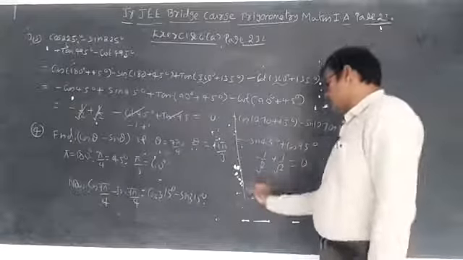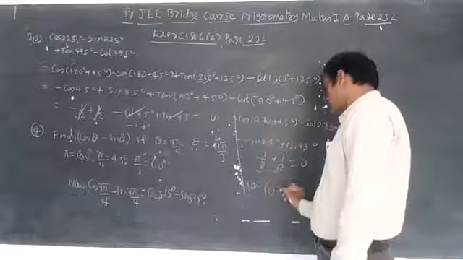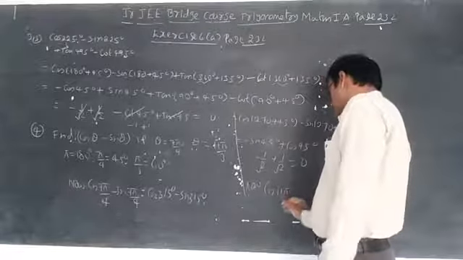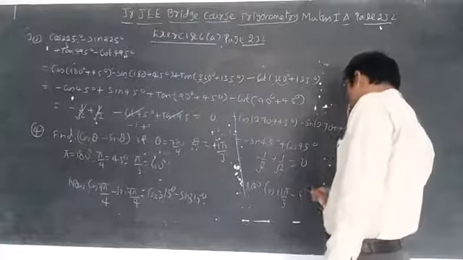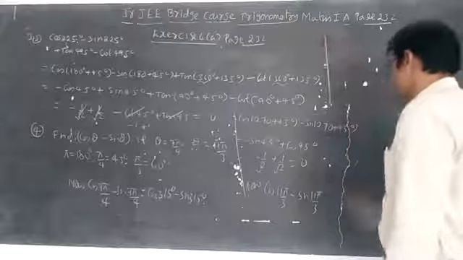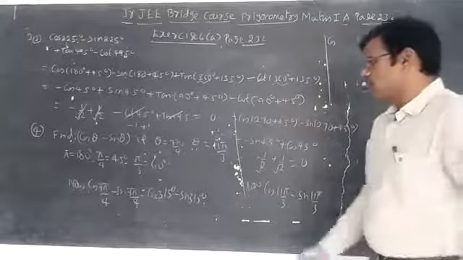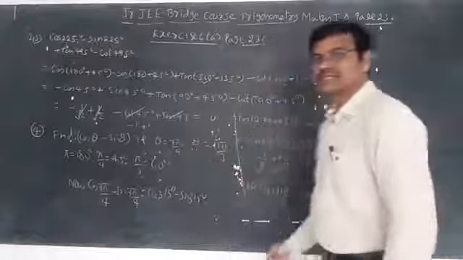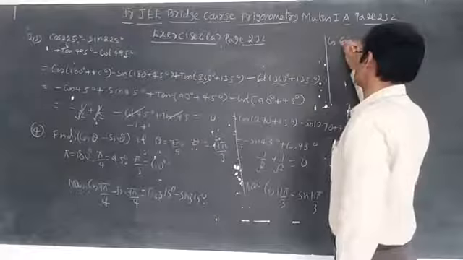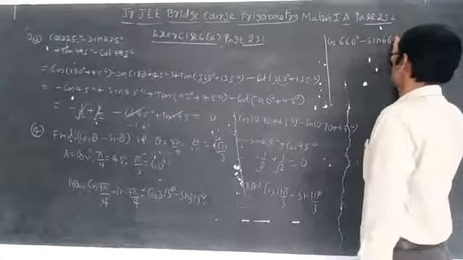Next, now we can write cos of 11 pi by 3 minus sin of 11 pi by 3. So cos theta minus sin theta comes. 11 pi by 3, you can write 11 into 60, so 660. Cos 660 degrees minus sin 660 degrees.